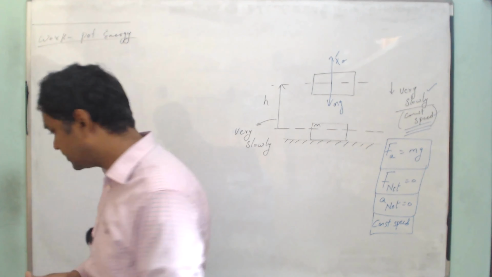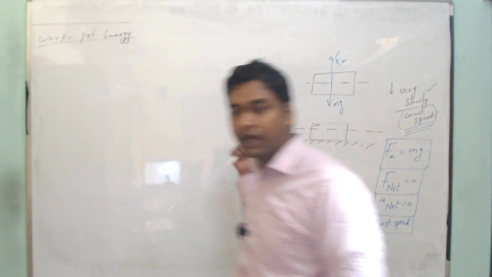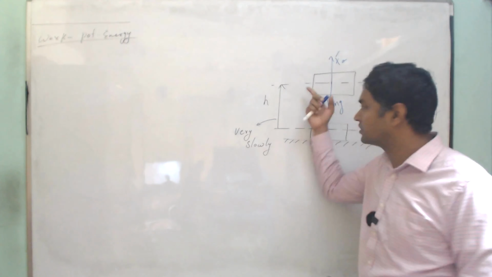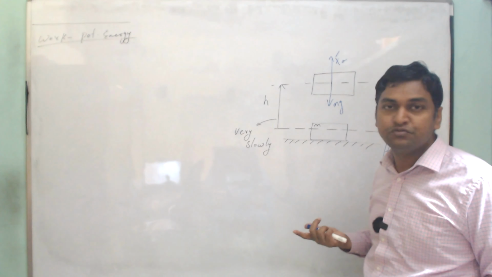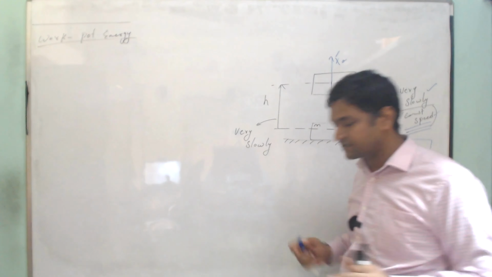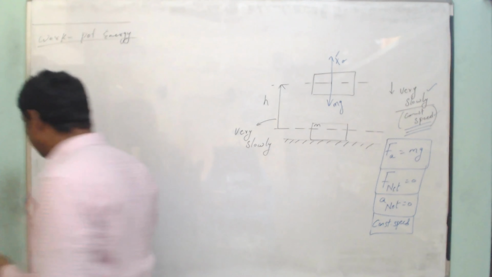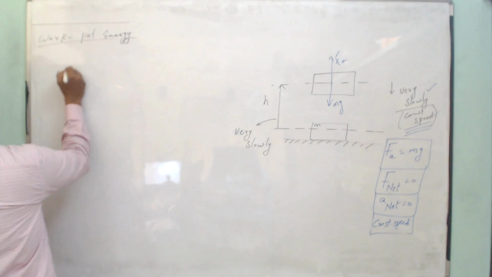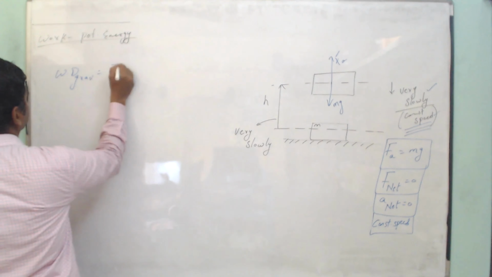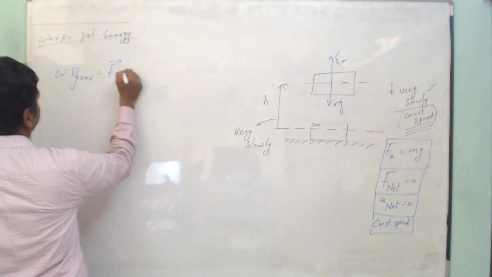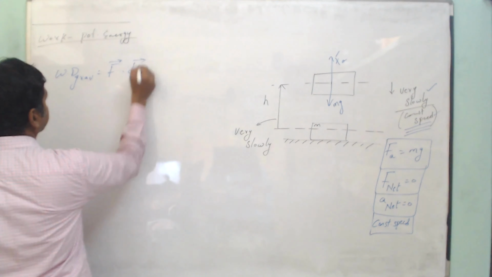So simply here I am not taking any calculus. We just took height as h, gravitational force as mg, constants. So simply in our school we wrote work done by gravitational force is equal to force vector dot product with displacement vector, correct?